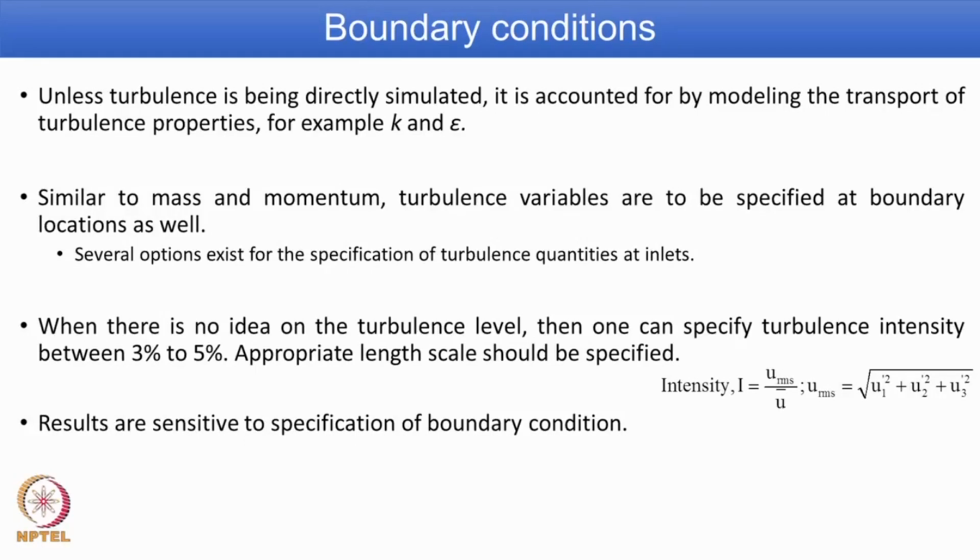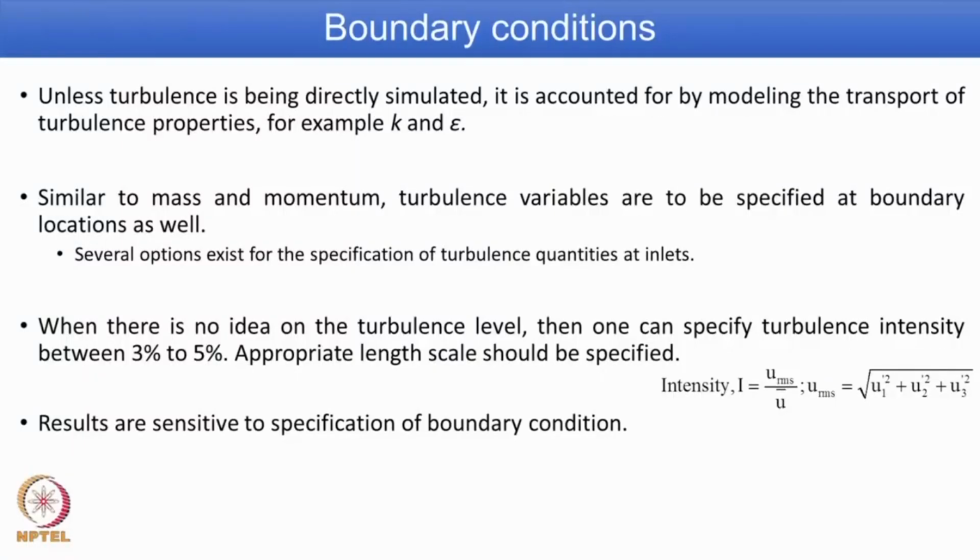If you happen to use the instantaneous Navier-Stokes and continuity equations as they are, then you are actually doing direct numerical simulation. You have only 3 or 4 variables, 3 velocity components and 1 pressure component. We prescribe boundary conditions for them, and there is no need for knowing boundary conditions for k and epsilon.